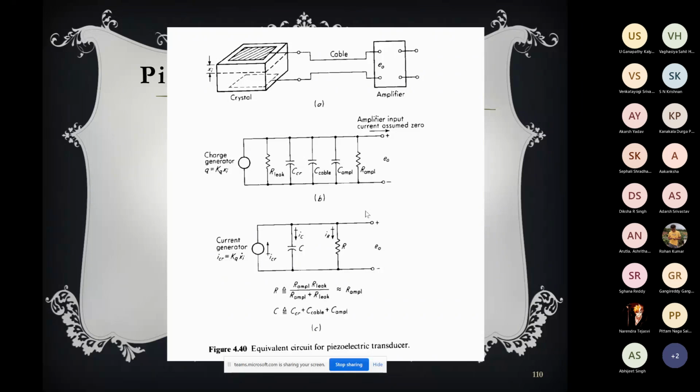So if R leakage resistance is very, very large, you can neglect R amplifier in the denominator, so it will become R amplifier into R leakage by R leakage, then R leakage will cancel out, so we'll get R amplifier.